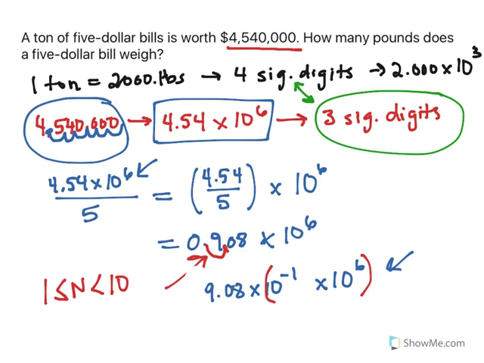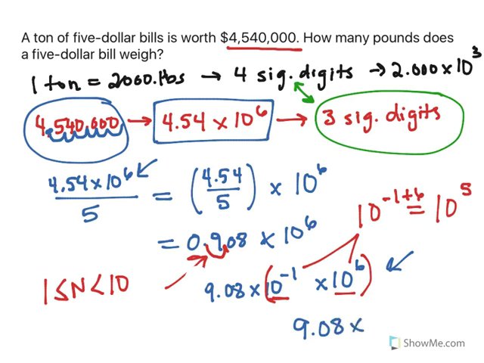Now, we can use the product rule for exponents that says that when we're multiplying like bases, so both tens, we can add the exponents. When we do that, we end up with 10 to the power of 5. So we get 9.08 times 10 to the 5th.